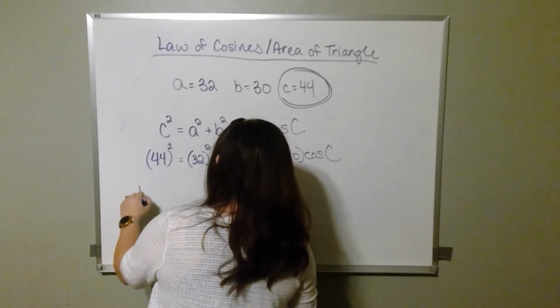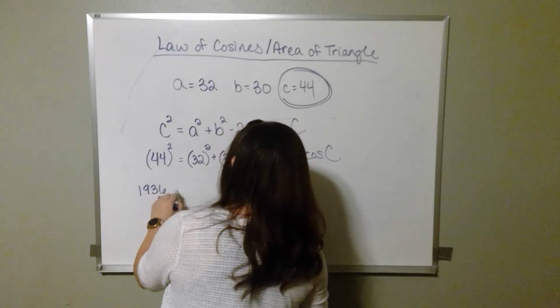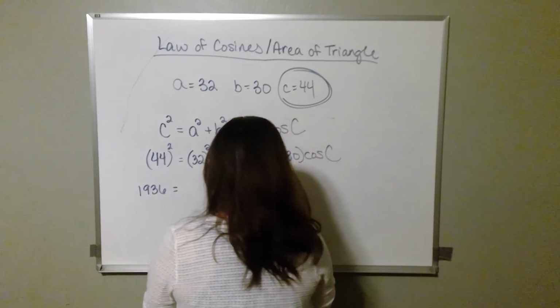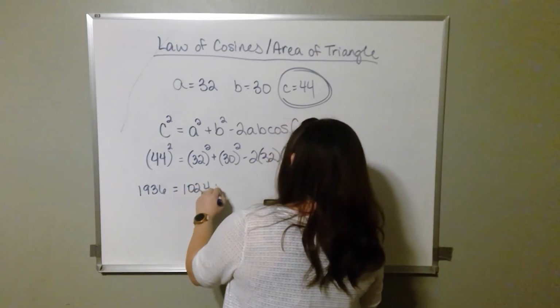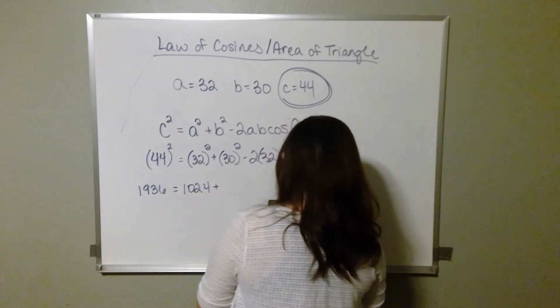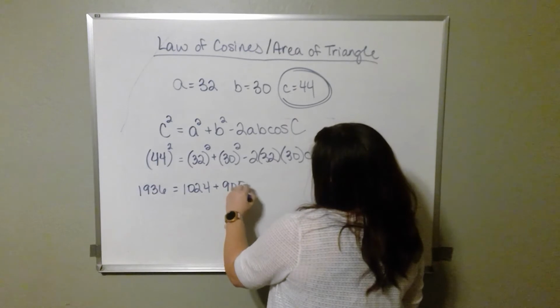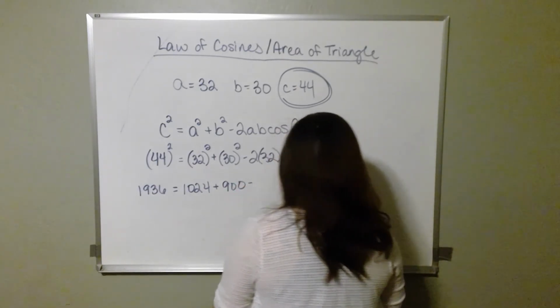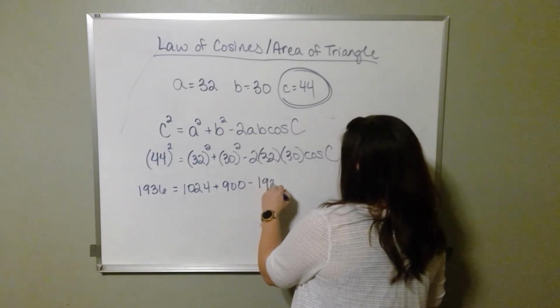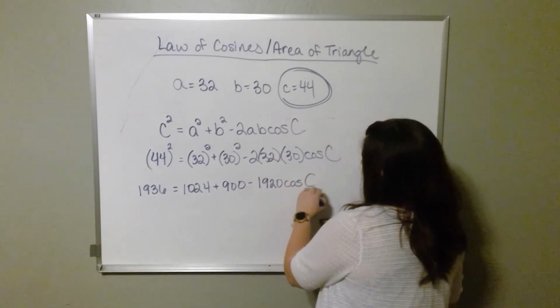So 44 squared is 1936 equals 1024 plus 900 minus 2 times 32 times 30, which is 1920 cosine C.